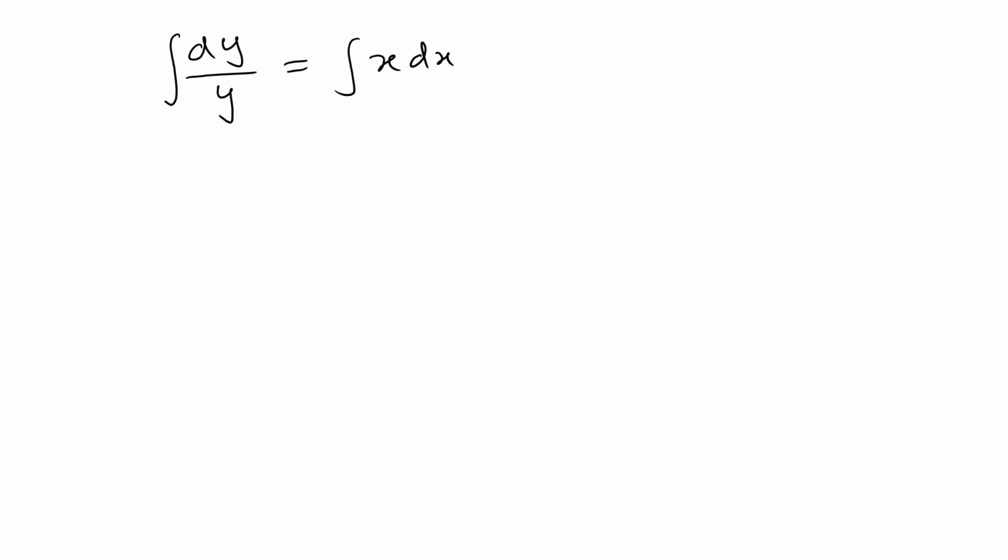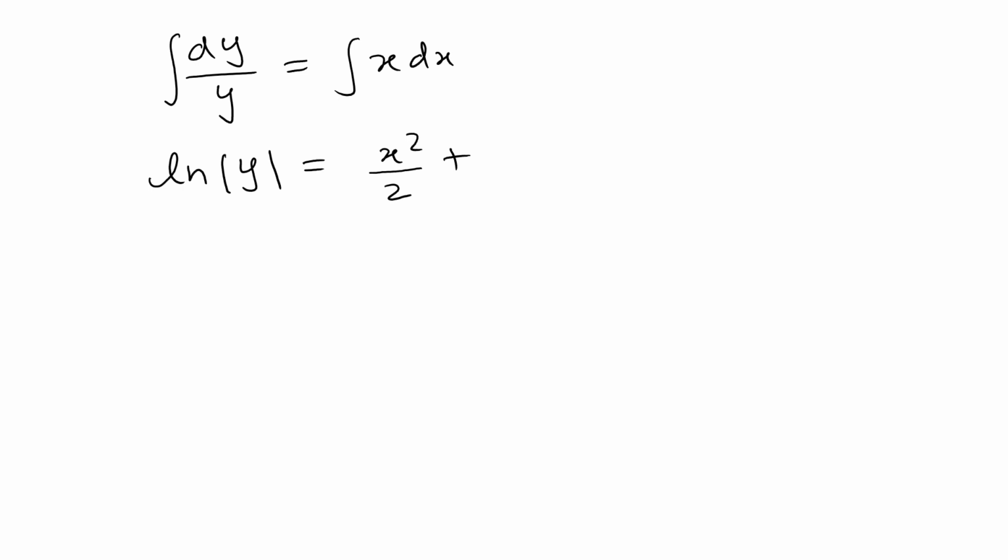For the first one, you know that this is the natural log of the absolute value of y. Don't forget the absolute value sign. And on the other side, by the power rule, x squared over 2 plus c. You could add a c to both sides, but you can simply bring one c to the other side.